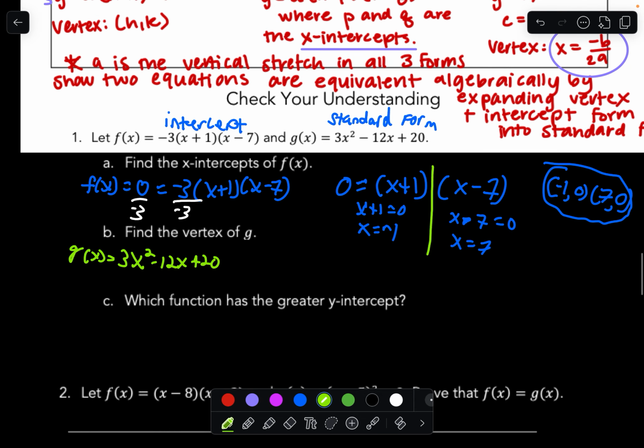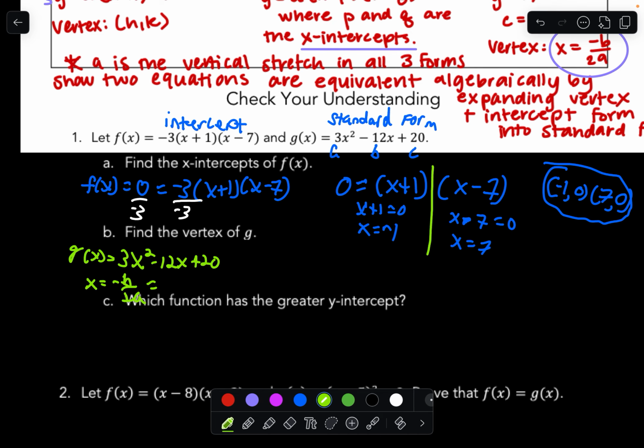They want you to find the vertex. The first thing we have to do is find the axis of symmetry. X equals the opposite of b over 2a. So remembering what a, b, and c are, this is a, this is b, and that's c.